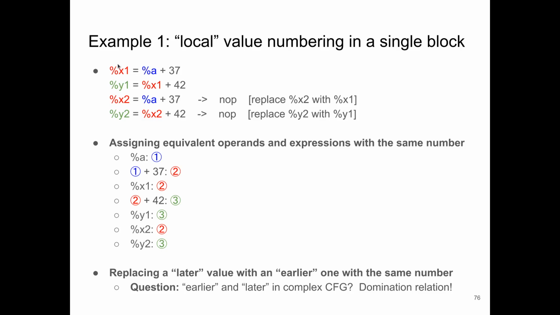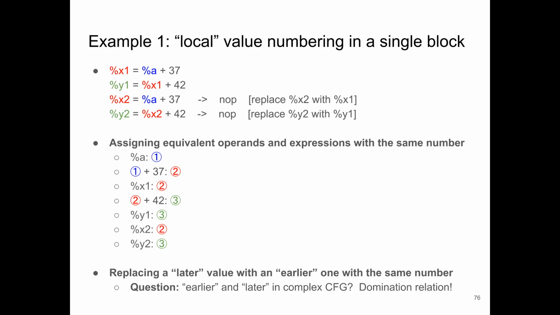And looking at the first line of this code, we are computing a plus 37, right? And a is number 1, and 37 is a constant, so you don't need to explicitly give a number to this constant. A constant is just a constant. There is no need to explicitly reason about this value.